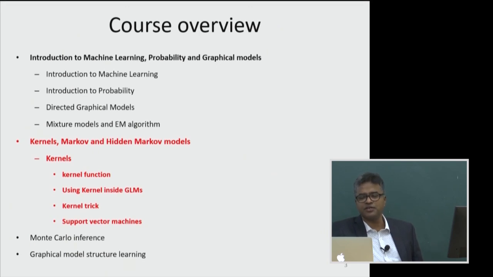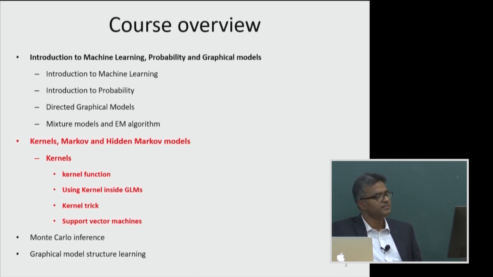A kernel function can be defined as a function k from the set X to the set of real numbers R, such that k(x, x') is greater than or equal to 0, non-negative, and k(x, x') is equal to k(x', x), symmetric, where X is any abstract space.